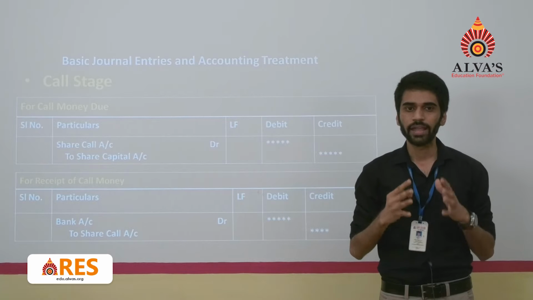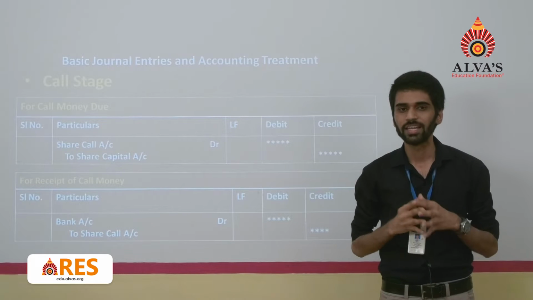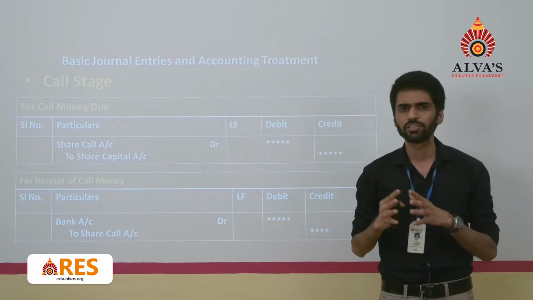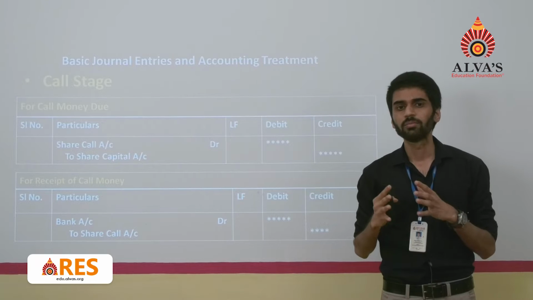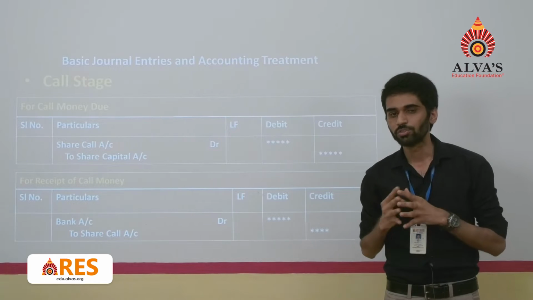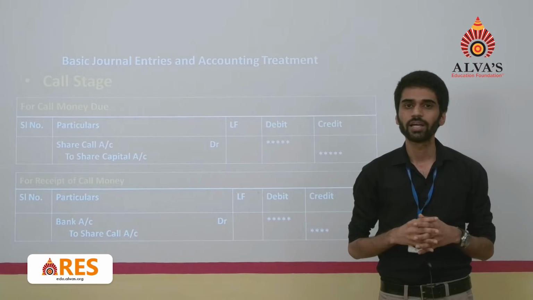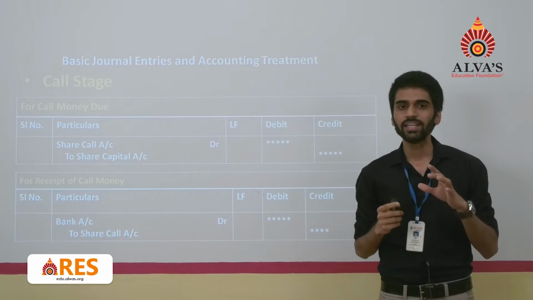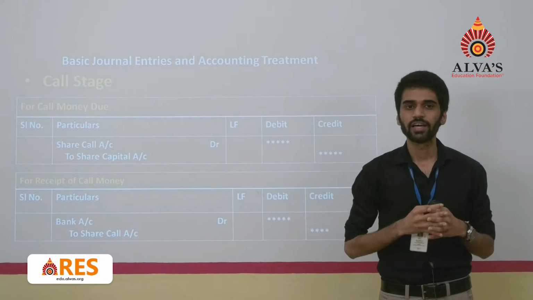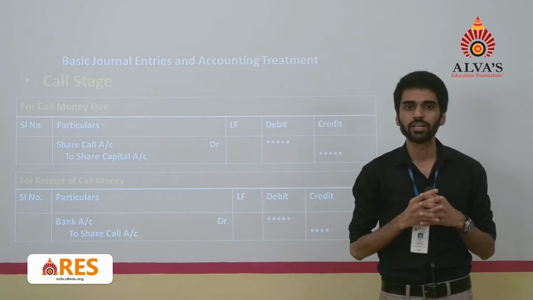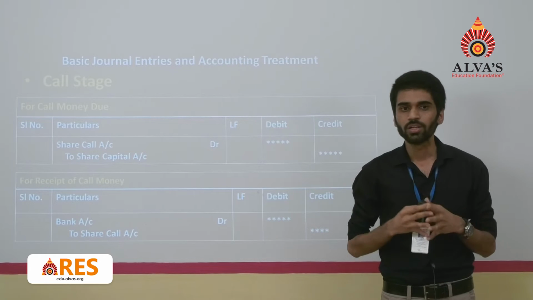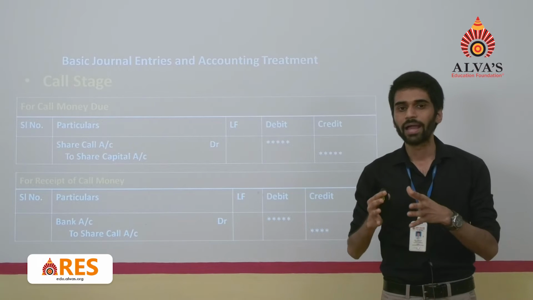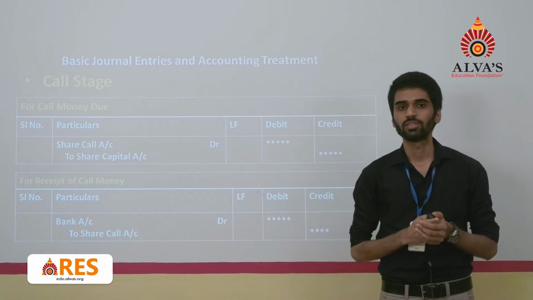So, the temporary account, share call account, will be eliminated by passing one debit entry and one credit entry, and the remaining entry will be bank account debtor to share capital account, and thereby we are raising the share capital. Ultimately, in the call stage the two entries are share call account debtor to share capital account for the call money due, and for the receipt of the call money, bank account debtor to share call account.